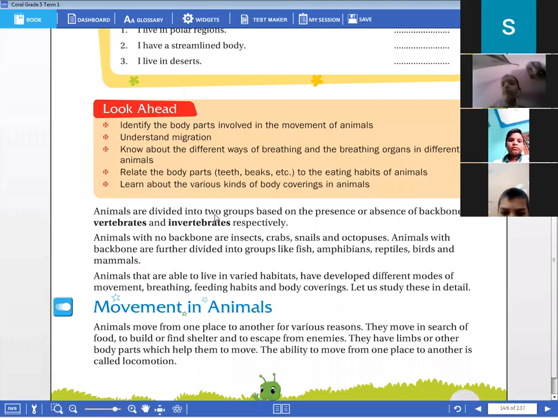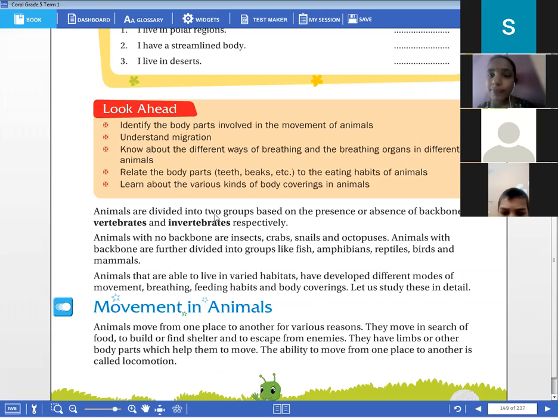Here they are saying these are divided into two groups only based on presence or absence of backbone. See children, herbivores, carnivores and omnivores are classified based on eating habits. Herbivores eat only plants, fruits, vegetables.